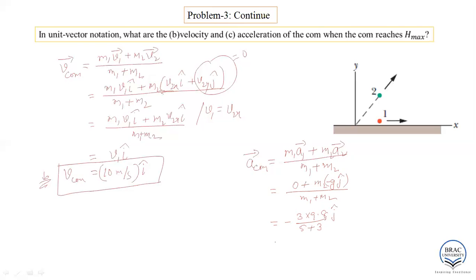So finally we get minus 3.68 meter per second square j unit vector. This is the acceleration of the center of mass for this system of two particles, which is the answer of part C in this problem 3.